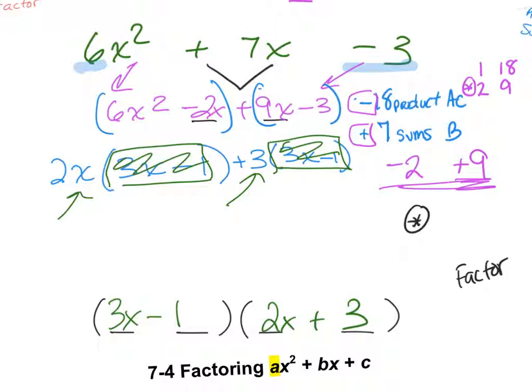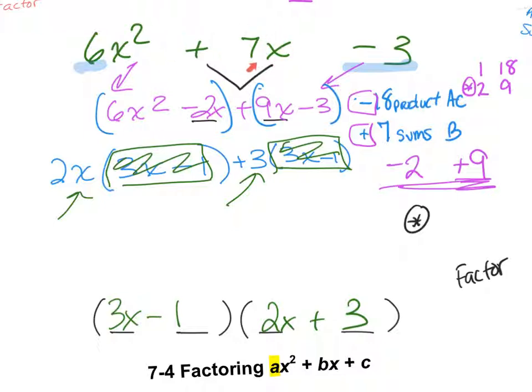So what you have done in this process is taken the original quadratic trinomial where the a is more than 1. So you can't just say x and x for the parentheses. You know that there's got to be some coefficients. You have expanded this out backwards from FOIL.